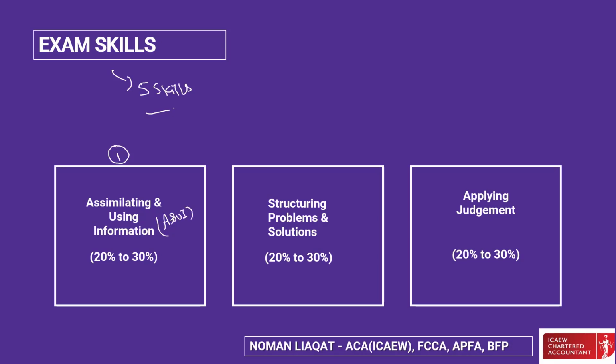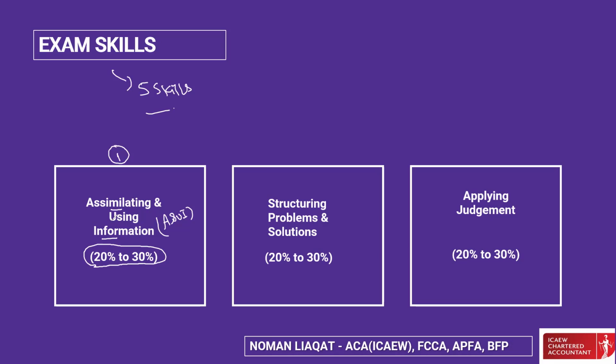This skill is basically getting information, identification of issues, identification of numbers, and how we have to talk about them. It involves around 20% to 30% of your skills for your exam.